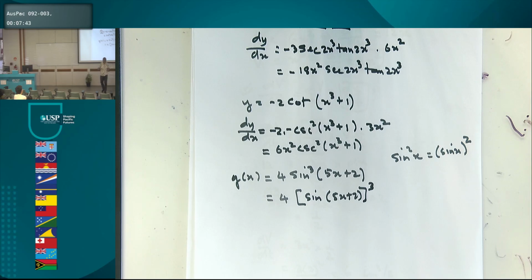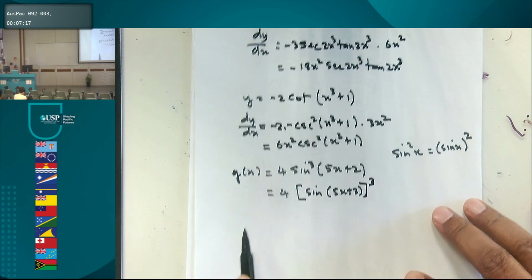So if we differentiate 4x cubed, we'll get, what is it? 12x squared. Now the x represents the inner function here. And what's my inner function? Sine 5x plus 2. So let's write that down again.